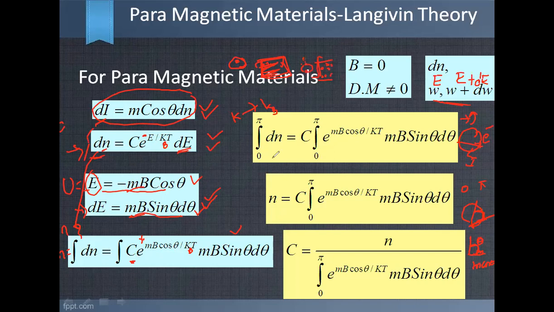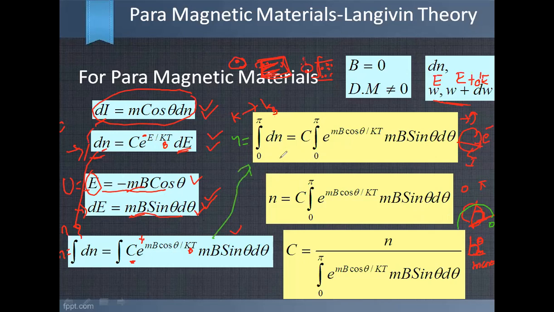So moving on, from where to where are you going? From 0 to pi. It's completely 0 to pi, so we are going 180 degrees. So n is equal to the integral from 0 to pi of dn, which is equal to c. Same step here, it doesn't matter, only the limits I applied.